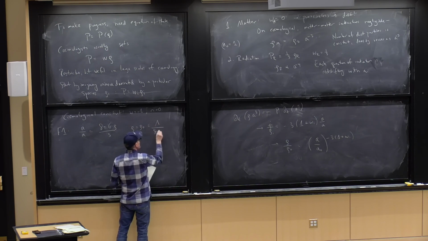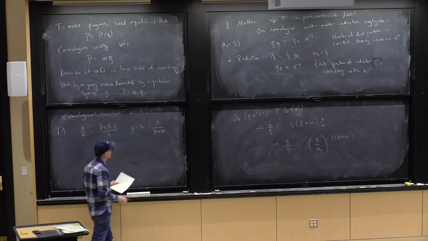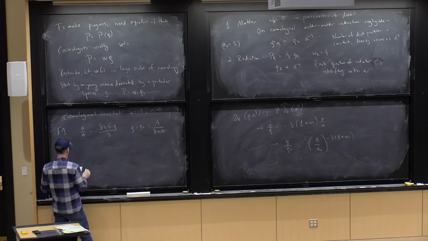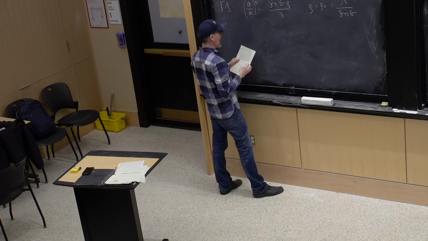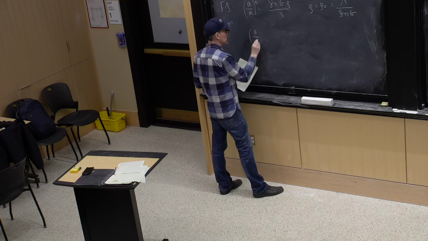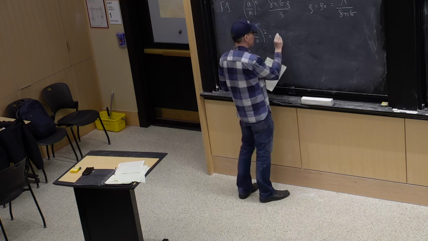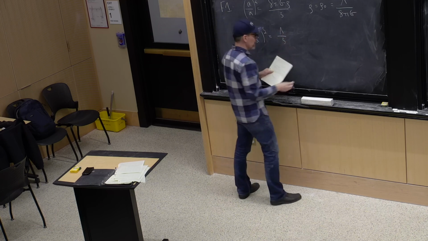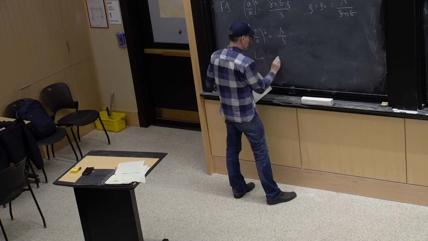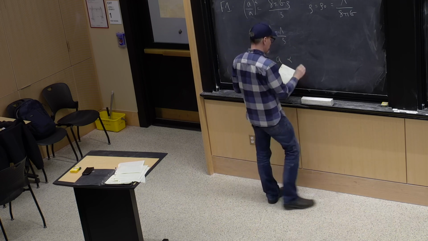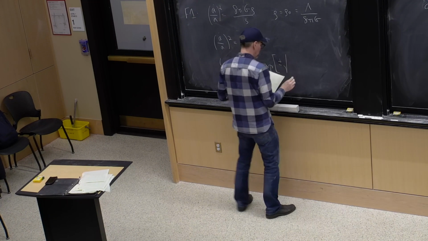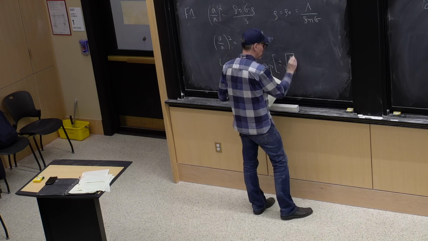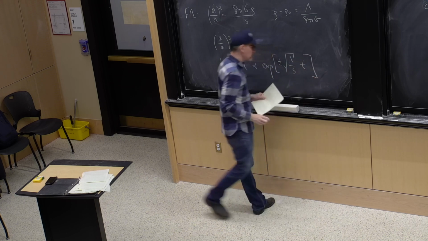I can rewrite this in terms of the cosmological constant lambda. So another way to write this is a dot over a squared equals lambda over 3. So this leads to an exponential solution.